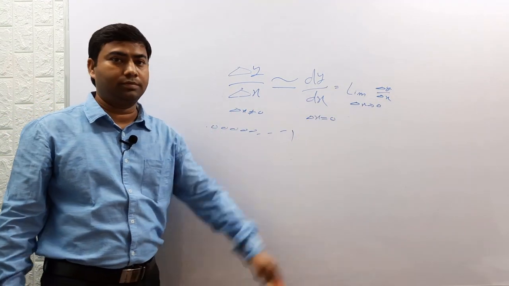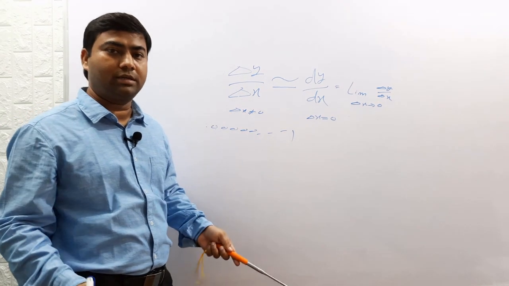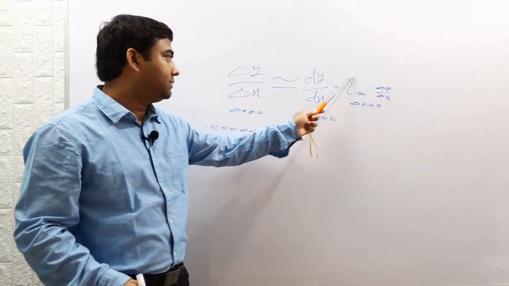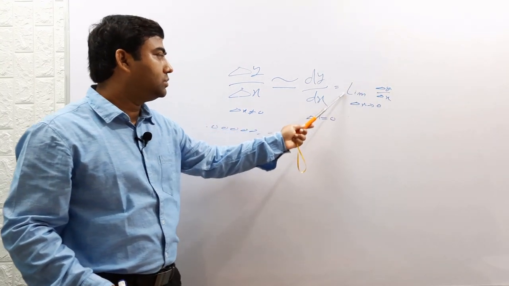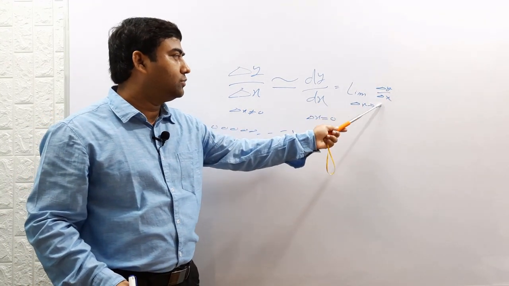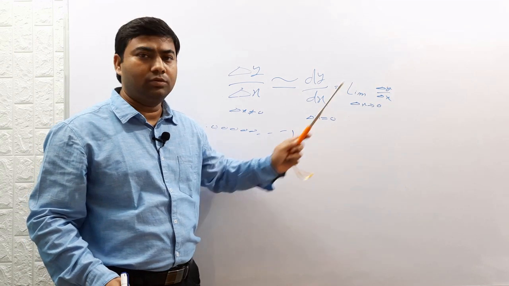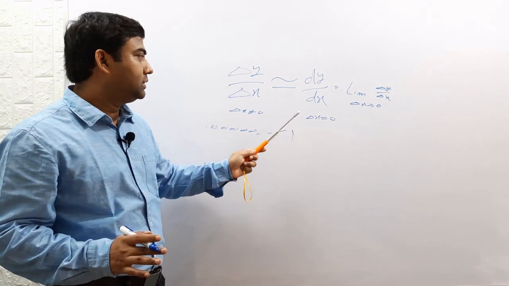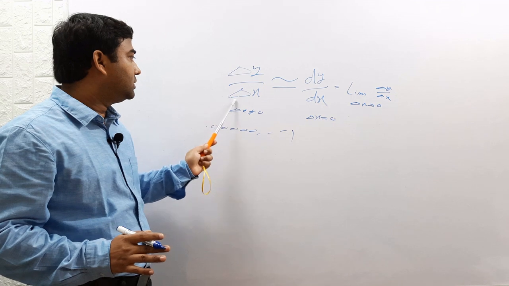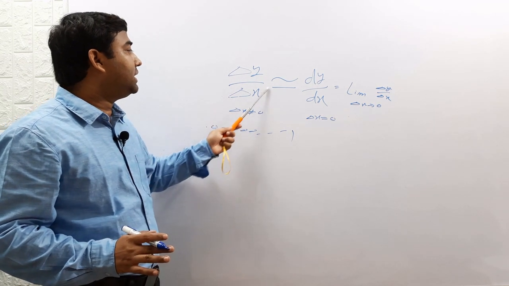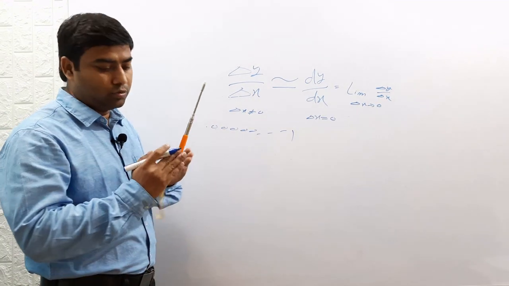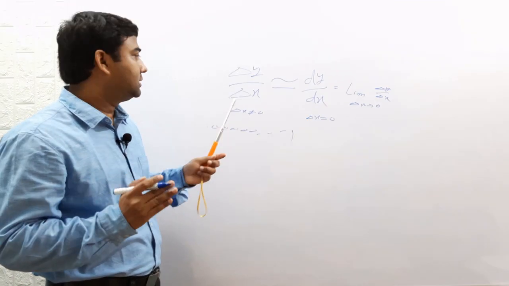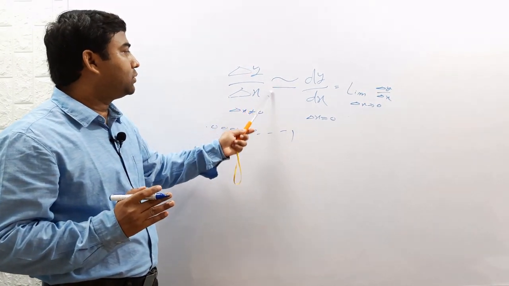Delta x is tending to almost 0. It is 0, exactly 0. So this value is the exact value of the ratio of delta y over delta x when delta x is 0, the instantaneous ratio. But the other value is not instantaneous but an average value over the period delta x, over the span delta x. So this is always only approximately equal.